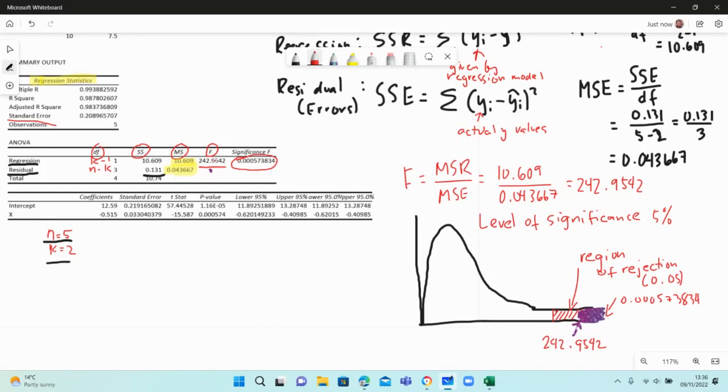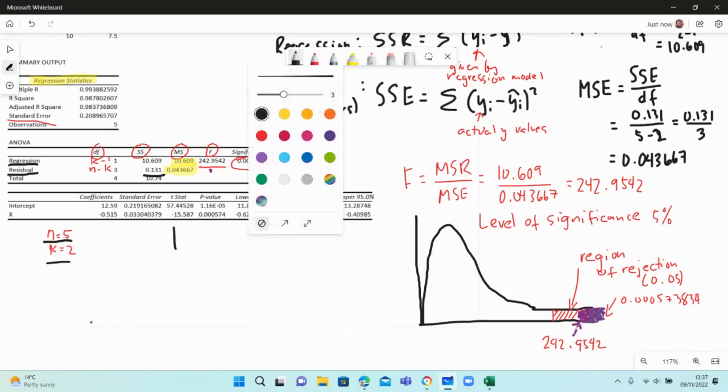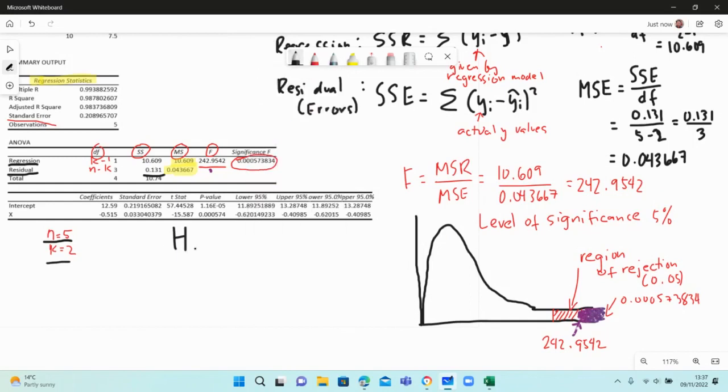If we have a level of significance, actually what we're doing is we are implementing some kind of test here. In particular, we are implementing the test where our null hypothesis is that the slope of our linear regression model is equal to 0, while the alternative hypothesis is that our beta is not equal to 0.